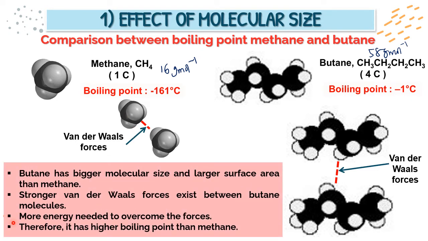So the explanation: butane has bigger molecular size and larger surface area than methane. So stronger van der Waals forces exist between butane molecules, so more energy is needed to overcome the forces. Therefore, it has a higher boiling point than methane.